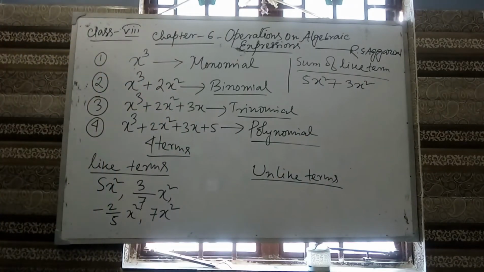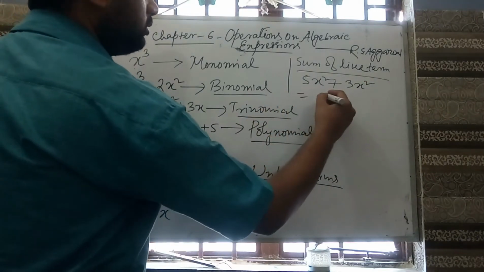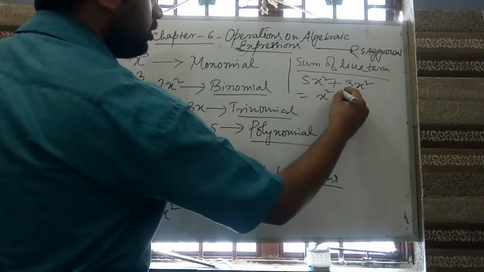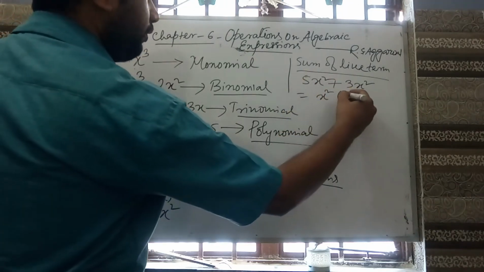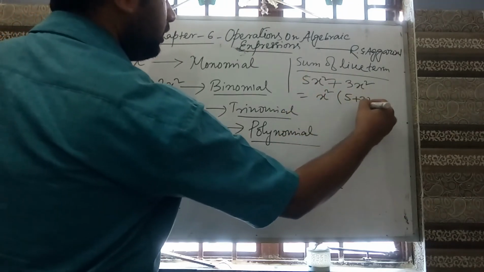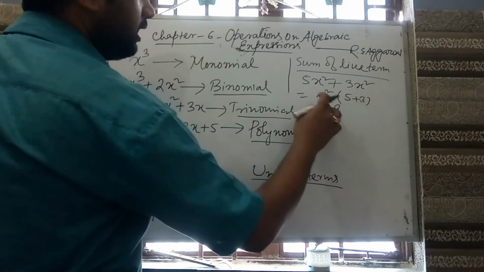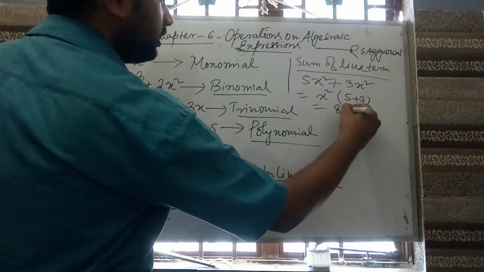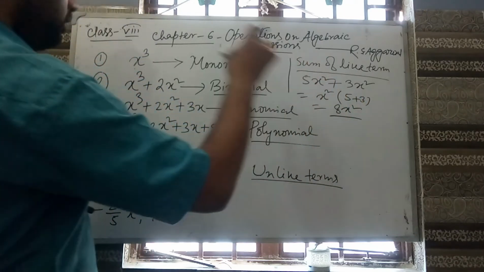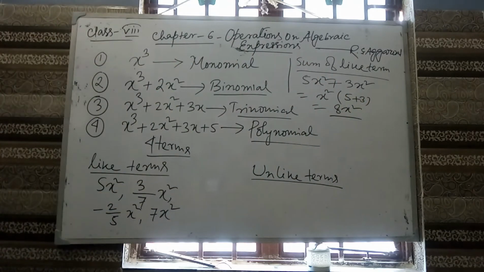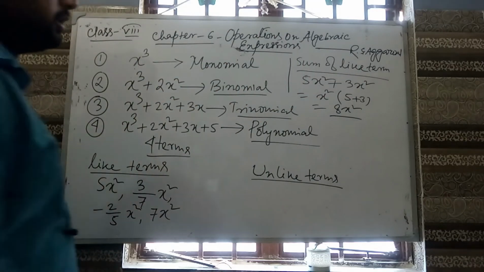Look, both of them have x square common. So take x square common. Then we are left with 5 here, 3 here. 5 plus 3 gives you 8. So we will write 8 at the beginning and then x square. So when we have the same kind of terms, x square related terms, we can add them.